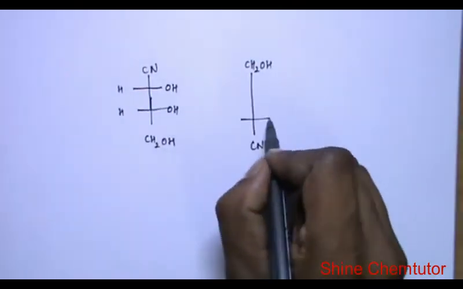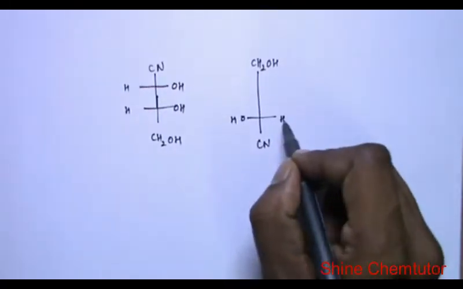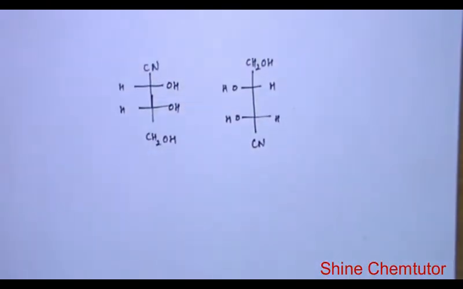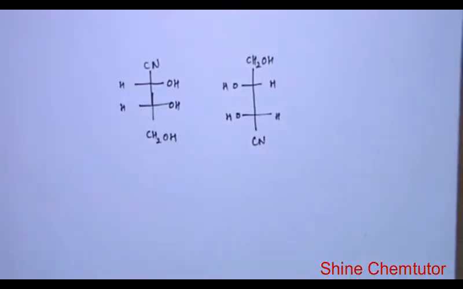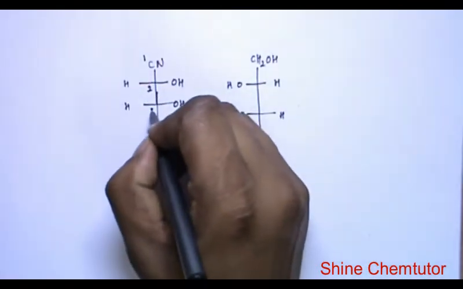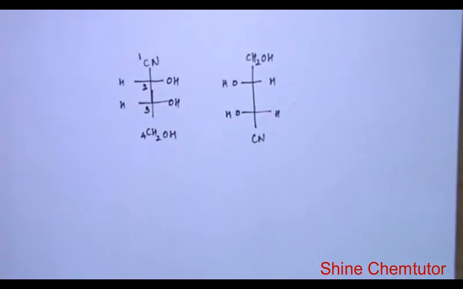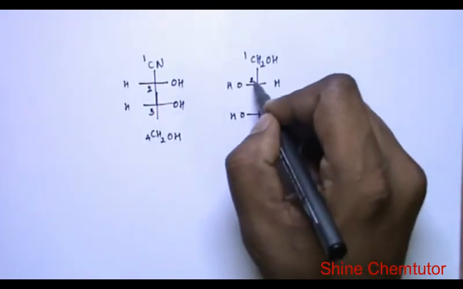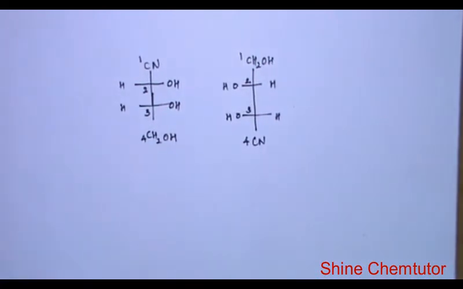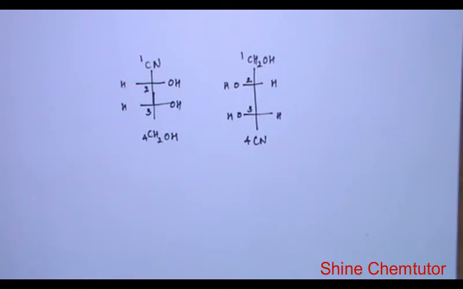If you rotate by 180 degrees, you will get this compound. Now, what about numbering? Whether I have to start from here like this, or the reverse. Which one will get higher priority or higher numbering?